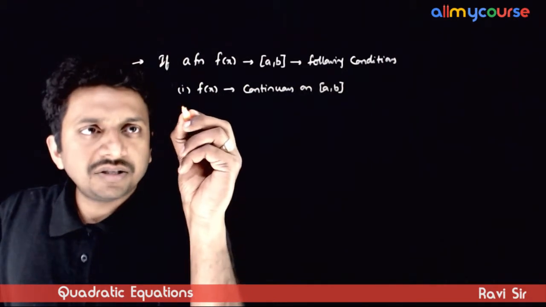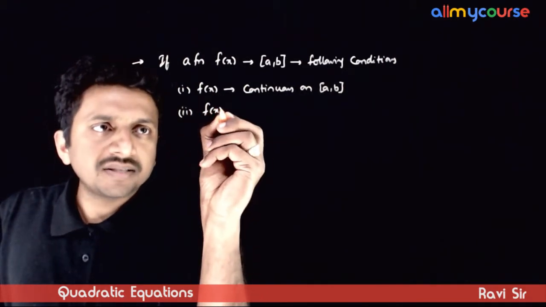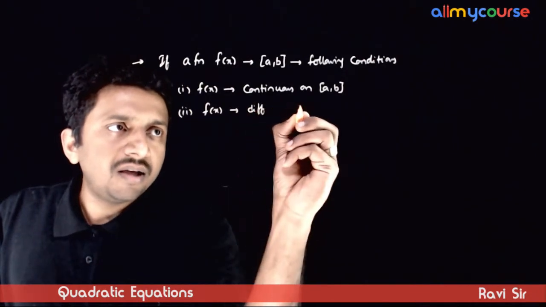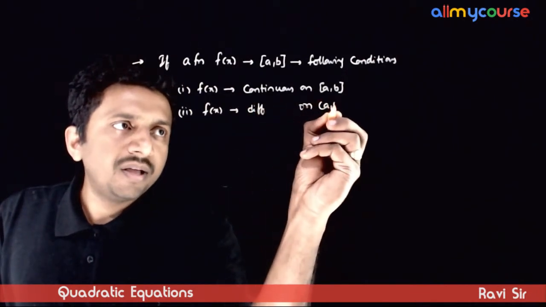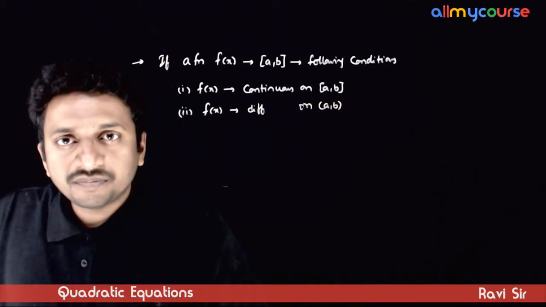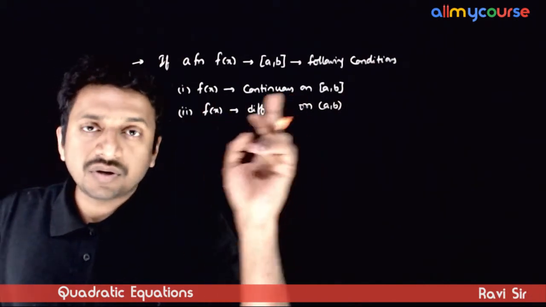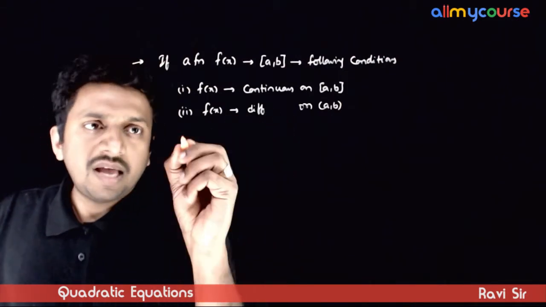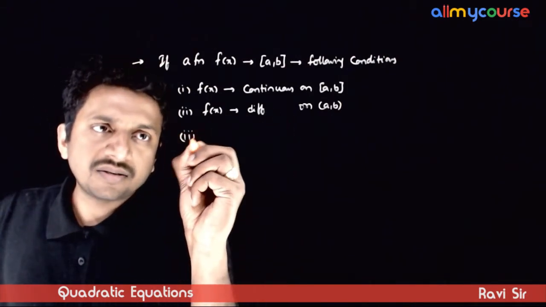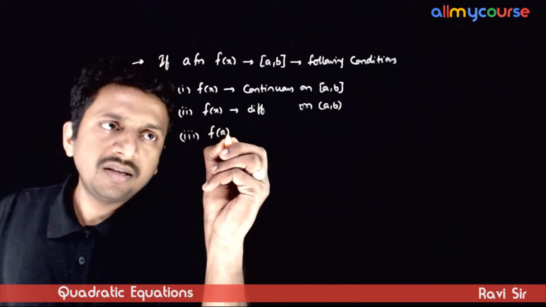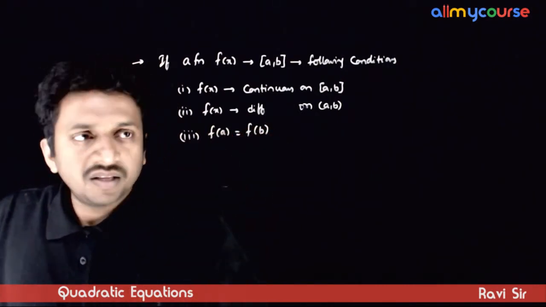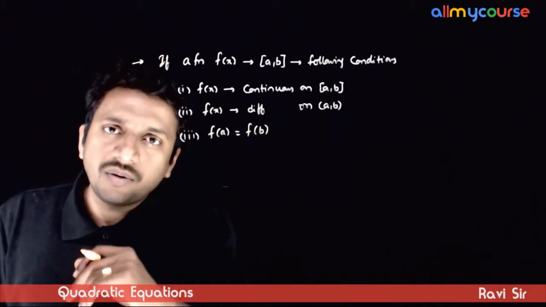The second condition is f of x has to be differentiable on open (a, b). So f of x is continuous on closed [a, b], f of x is differentiable on open (a, b). And the third condition is f of a is equal to f of b.